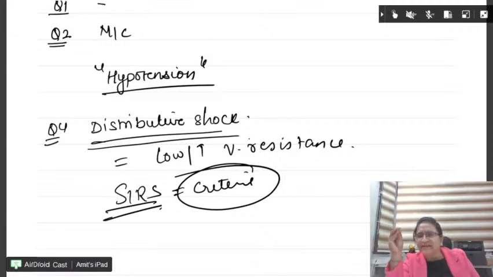No need to know the score, just know the name. Okay, suppose if this comes, this was used for shock, may come in your INI, earlier used. Now we are using SOFA, so now we are using sequential organ failure assessment. Done?